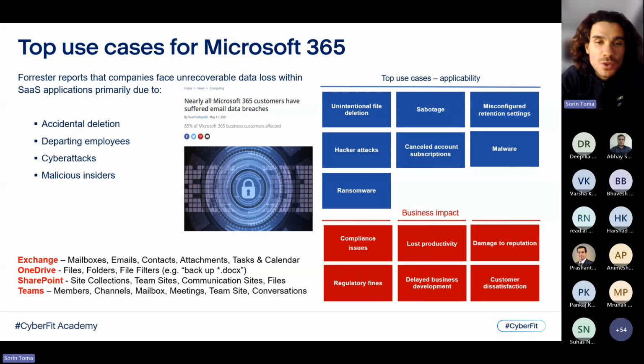Then, if we take into account that last year there were 13,000 vulnerabilities discovered in Microsoft software, and that last year 8 out of 10 of the most exploited software vulnerabilities involved Microsoft products.